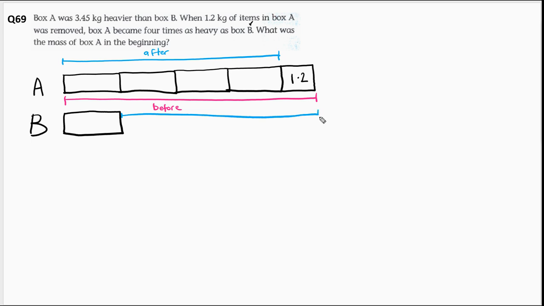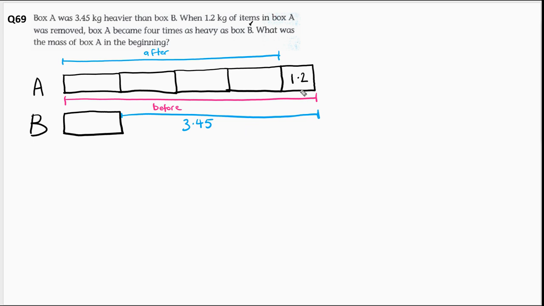And that's A before the removal. And we can see that that's 3.45. So what does this 3.45 include? Well, it includes 1, 2, 3 equal parts plus 1.2.